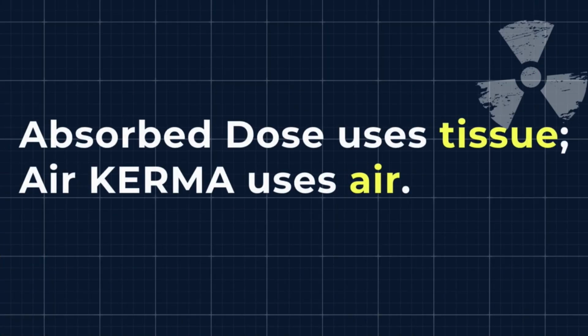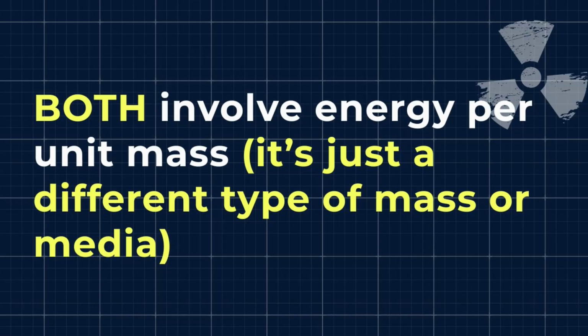Here's a simple way to remember the difference. Absorbed dose is the energy that remains in tissue. KERMA is the kinetic energy that's released in air. So you see, they use different media. One uses tissue, the other uses air. The reason they're both expressed in grays is because both involve energy per unit mass.